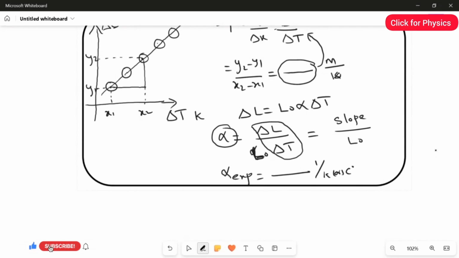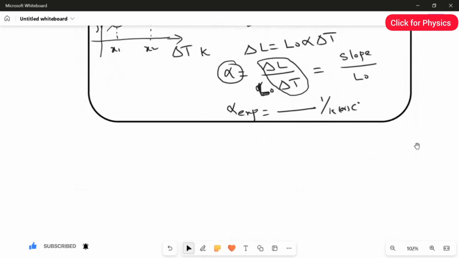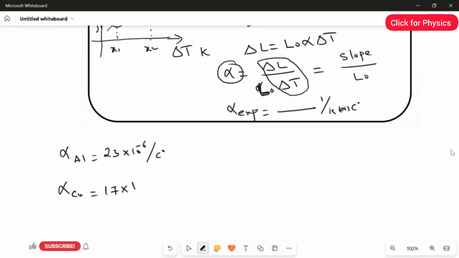Clear? So now we have to compare the answer of our experiment with the standard value of alpha. As we already know from the chart, the standard value of alpha for aluminium is 23 multiplied by 10 power minus 6 per Celsius degree or Kelvin, and the standard value for copper is 17 multiplied by 10 power minus 6 per Celsius degree or Kelvin.